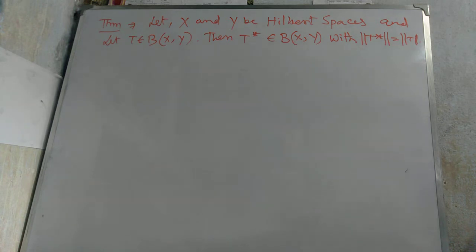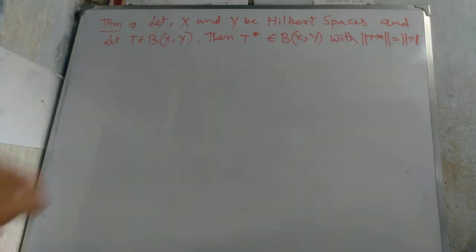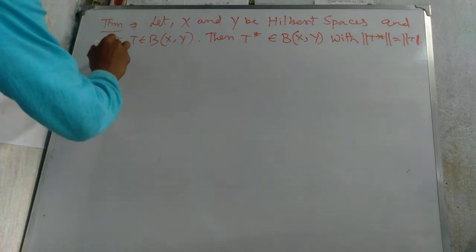Norm T star equals norm T. How do we prove it? We write the proof first.